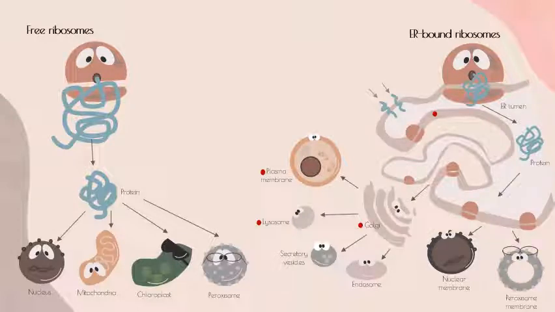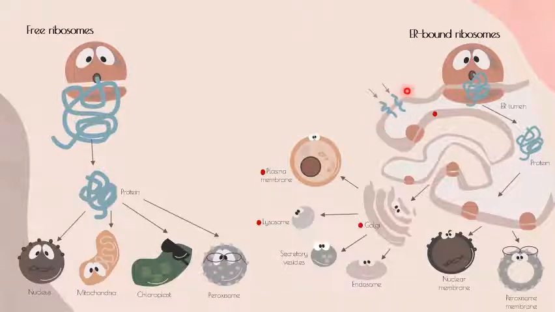Proteins destined for incorporation into the plasma membrane, the ER, the Golgi, and the lysosomes, the ones with the red dots, will be inserted initially in the ER, as you can see here, instead of the lumen.